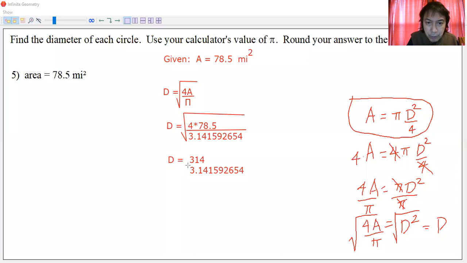And so this will be the fraction inside the square root there. So we will divide first. We have 314, we divide by the pi there. And so this is equivalent to 99.9 under the square root.